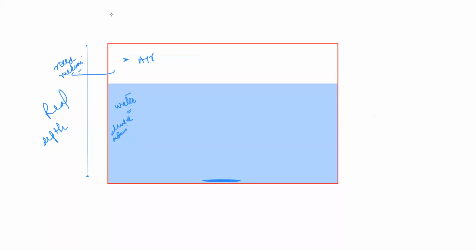So the observer is in air, and the coin, the pebble, is in water.